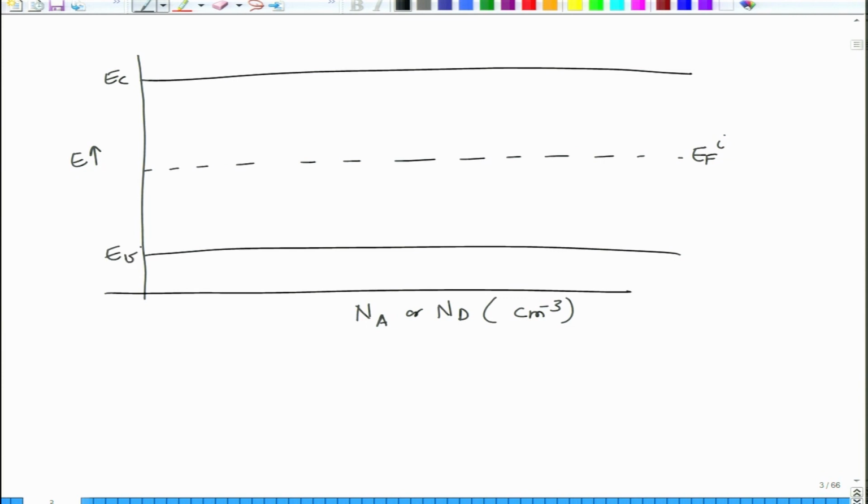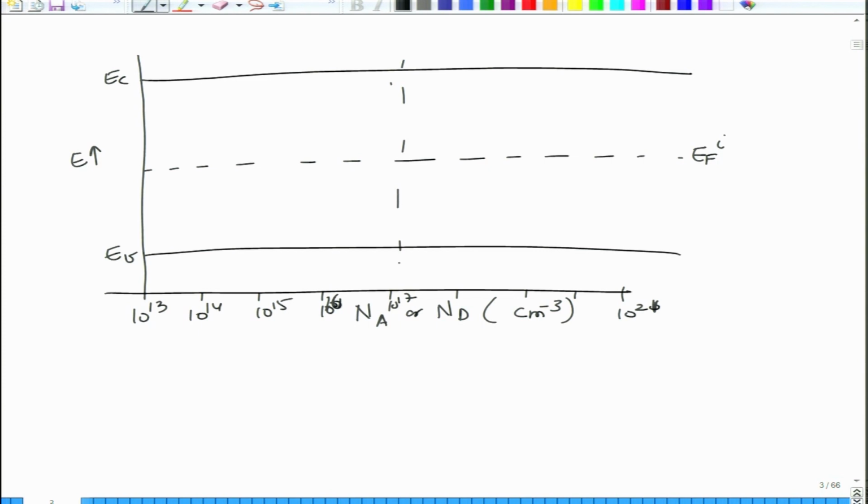Let us say you are plotting from 10 to the power 13 to 10 to the power 20, so we have 14, 15, 16, 17, 18, 19, 20, 21 and so on.